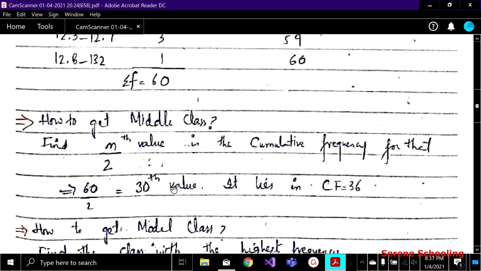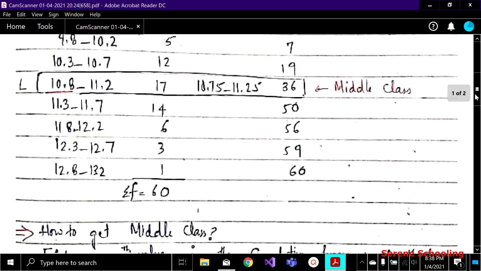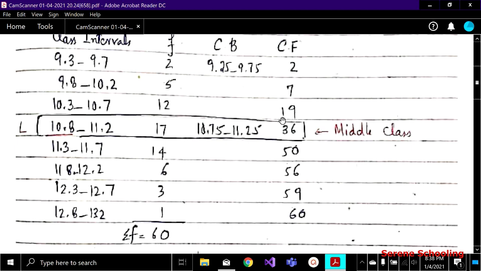For that, you can see our total number of values is 60. The sum of all the frequencies gives us the total number of values, that is 60. So 60 by 2 means the 30th value. I have to find this 30th value in the cumulative frequency column. It lies in 36. Here we can see that the previous cumulative frequency ends at 19, so all the values greater than 19 until 36 fall in this class.